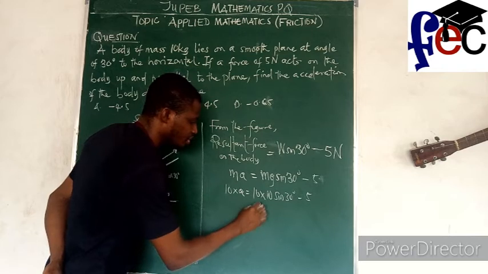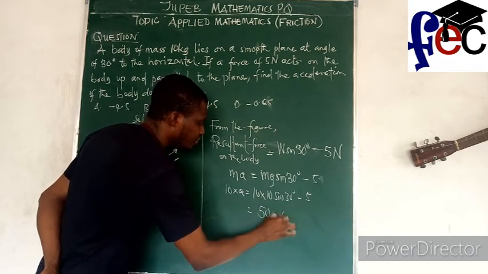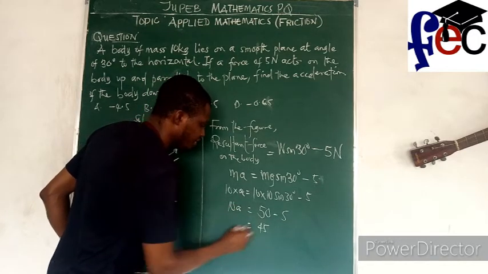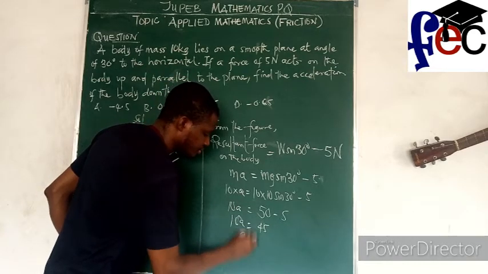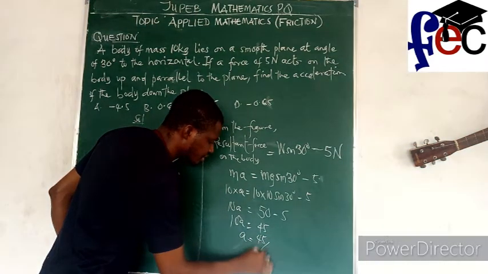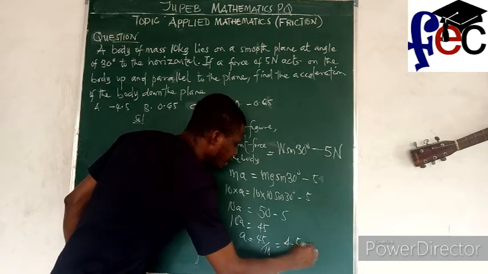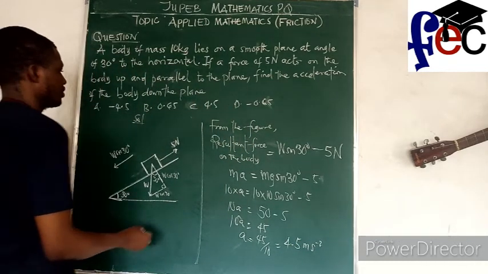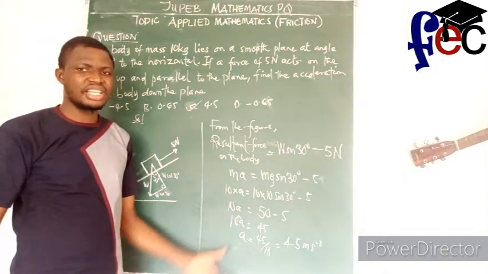All this multiplied gives me 50 minus 5. This is 10a, so it's going to be 45. I have 10a, so that my a is equal to 45 divided by 10, and that's 4.5 meters per second squared. Which of the options now? That's option C. It's as simple as that.